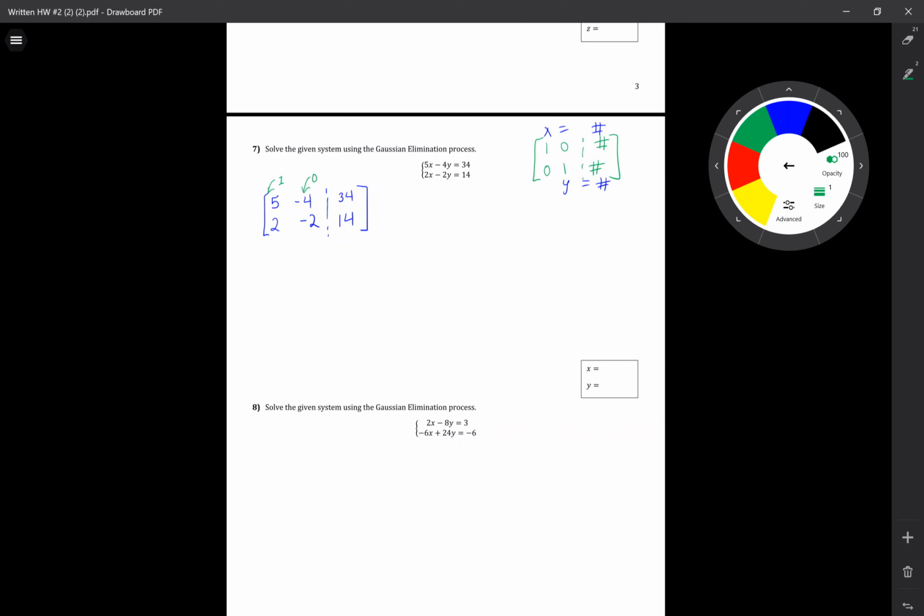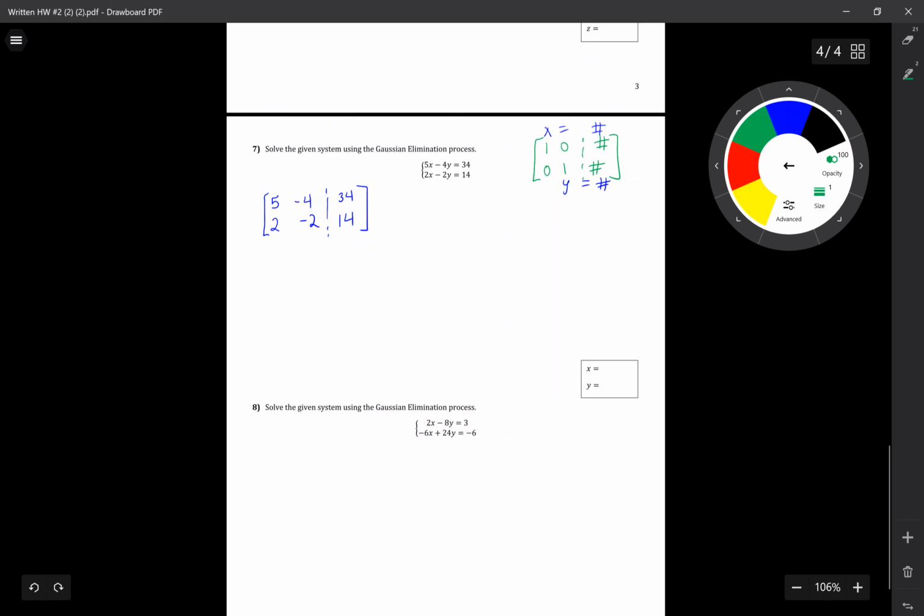So in order to get a 1 where the 5 is, I certainly could divide this whole row by 5. And then I would have to manipulate it again in order to get that -4 into a 0. I definitely could divide the whole first row by 5 in order to get that 5 into a 1. But that's not the only thing I can do here.